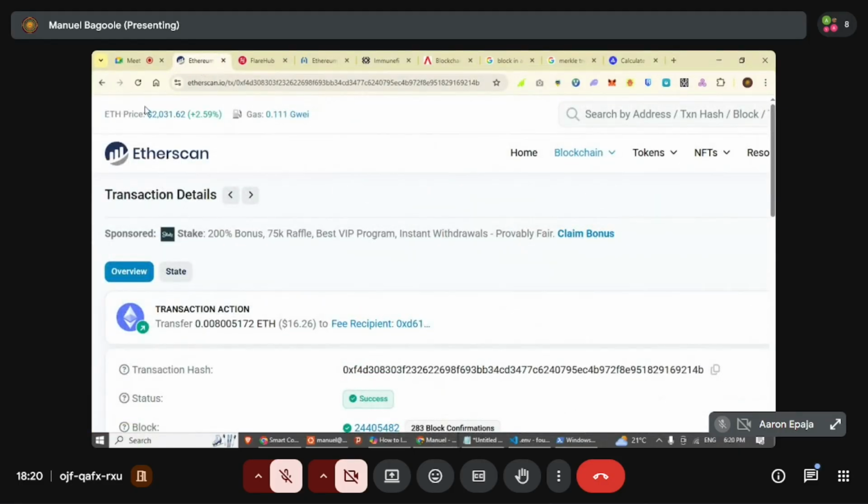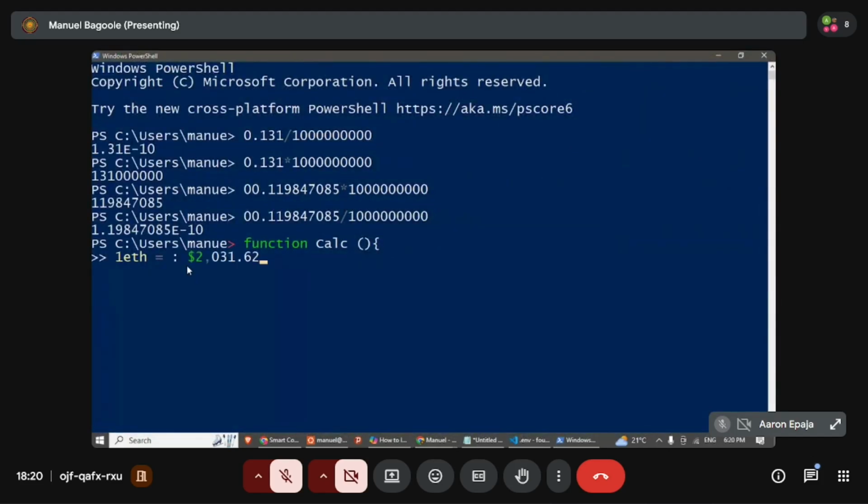This is the price on Etherscan. It could be different in the market right now because it keeps fluctuating. Copy this. So yes, this is the price of ETH in dollars right now.